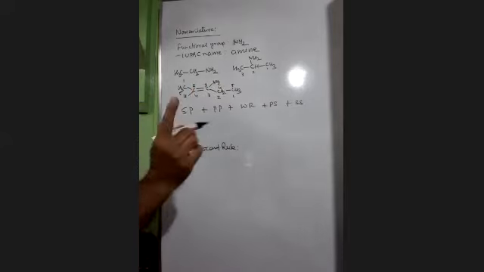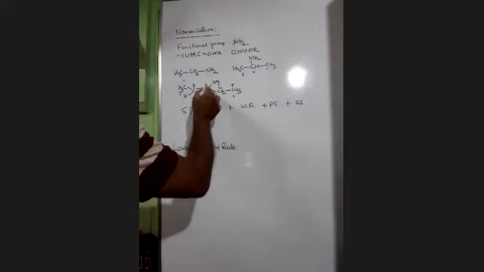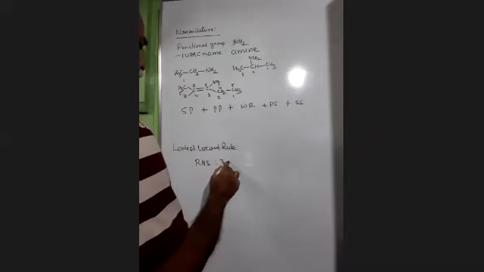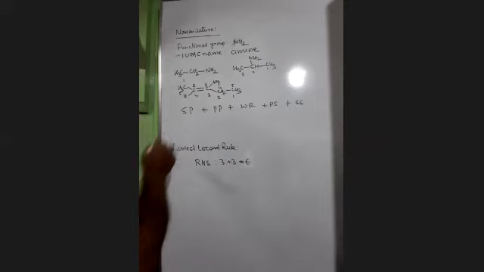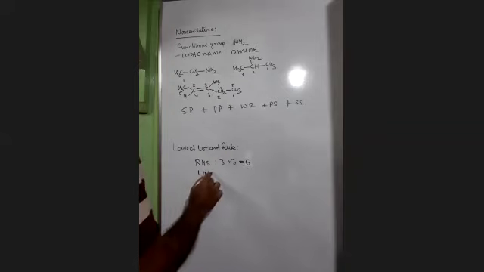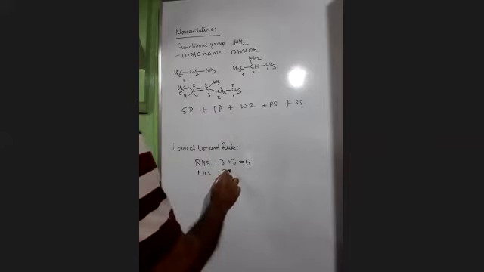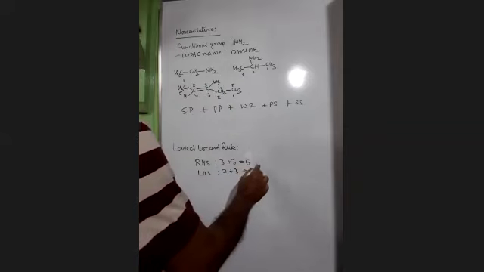In the lowest locant rule, you are supposed to add the positions. From the right hand side, the functional group is on the third carbon and the double bond also starts from the third carbon, so the total is 6. When I go from the left hand side, the double bond starts from the second carbon and the functional group is on the third carbon, so it is 5.